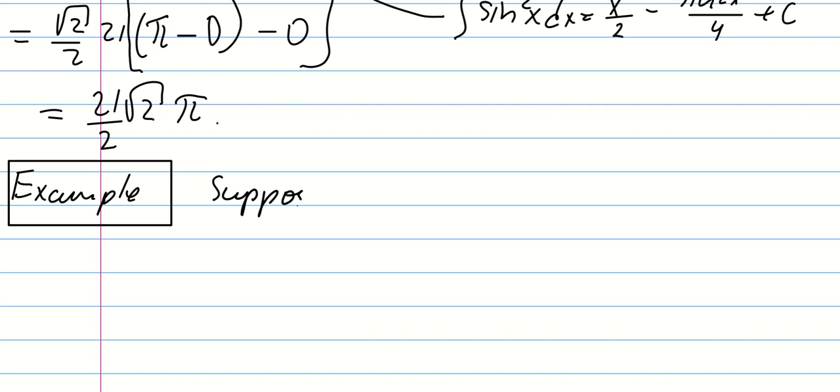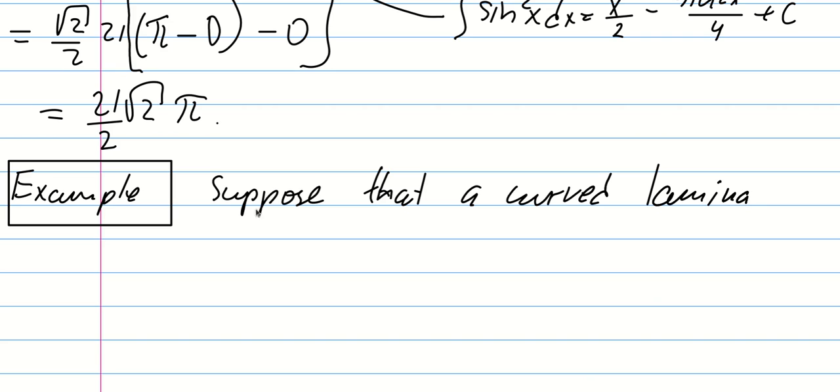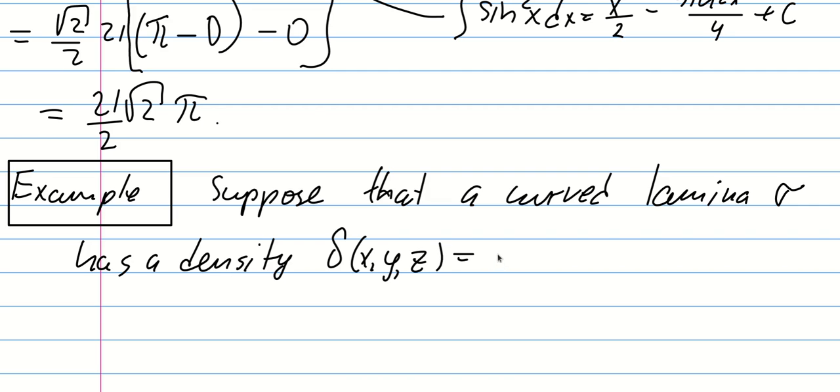So suppose that a curved lamina sigma has a density delta of x, y, and z equals some delta sub 0, some constant. So it's a constant density.